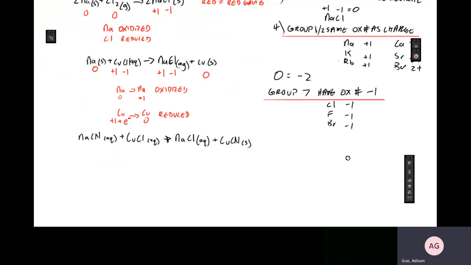Copper is plus one, and then CN also says minus one. Yeah, that's basically why. It also helps to write down all of your oxidation state numbers so you can see.